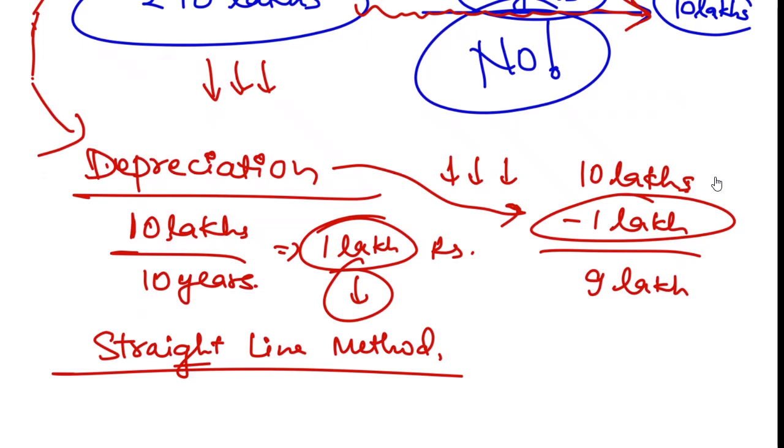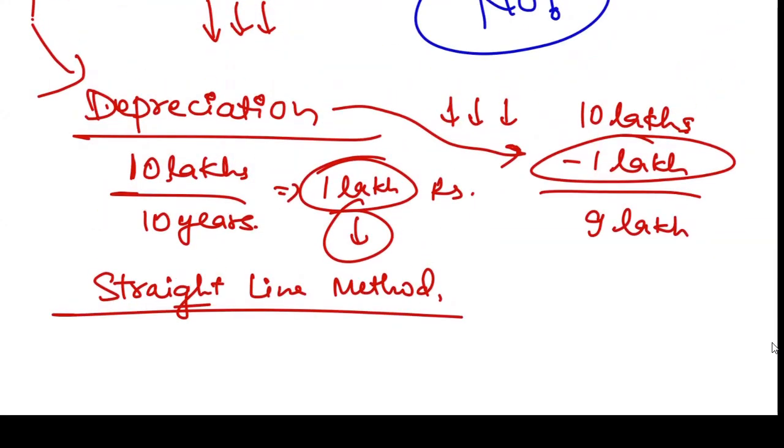And there would be some obsolescence. Obsolescence means what? After a period of time, the technology changes. Due to that change in technology, the market value of those assets reduces. For example, I will give you an example of an old TV. We had a big TV.